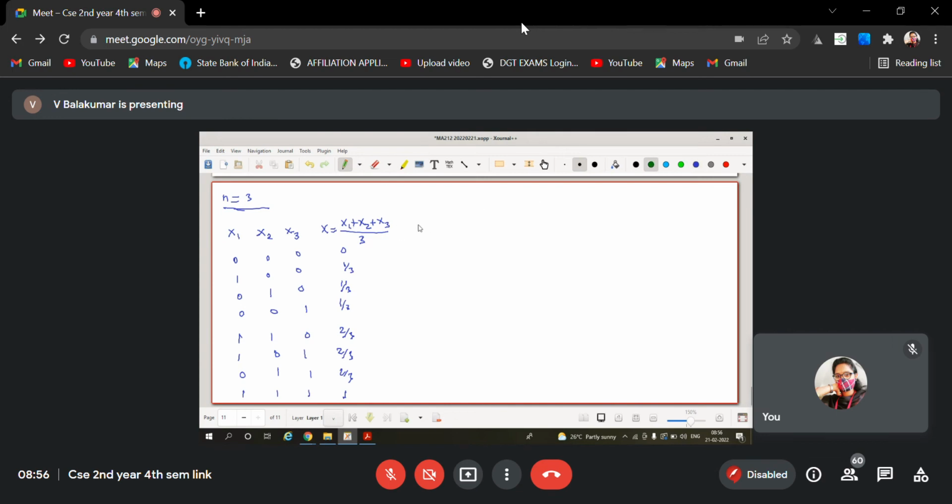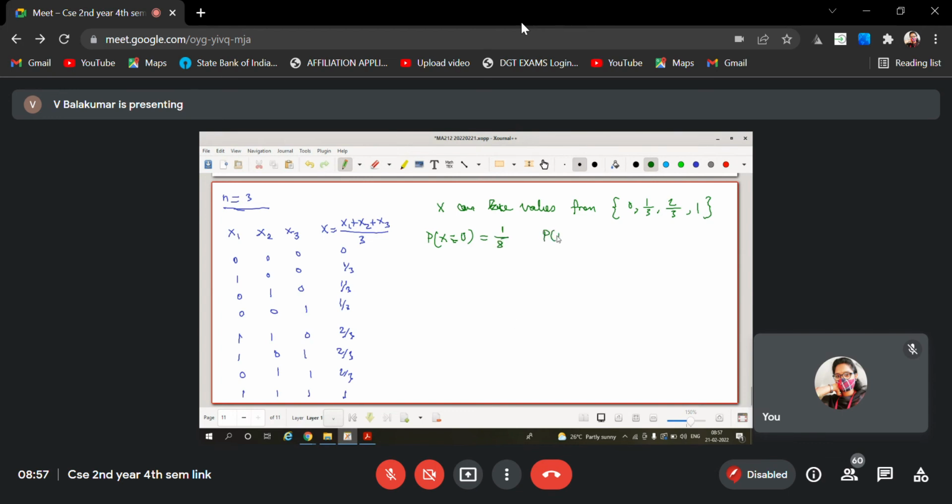Now this capital X can take values 0, 1 by 3, 2 by 3, 1. What is the probability for X equal to 0? Out of the 8 choices, it happens only once.